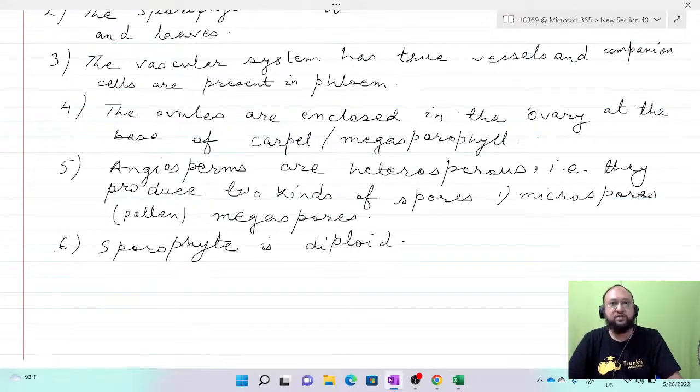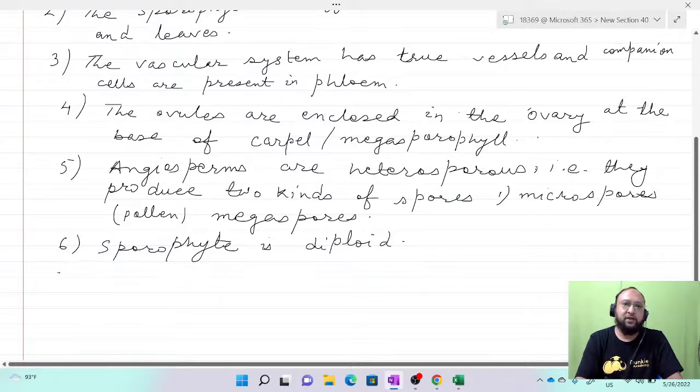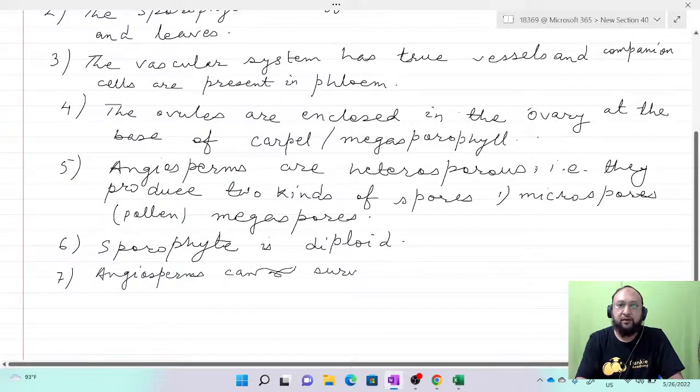All the different types of angiosperms can survive and grow in a variety of habitat.